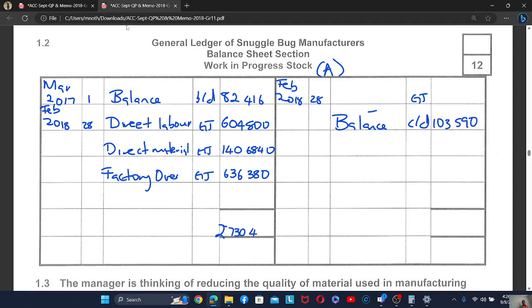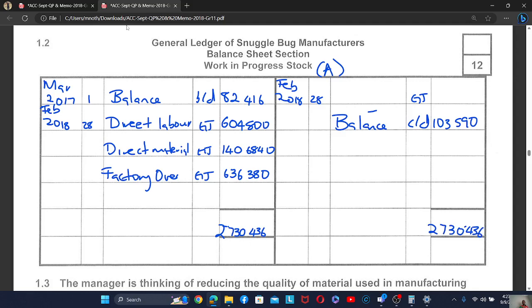So we know that when we are doing the T account or the general ledger, we must equate both sides with the bigger amount. So it's 2,730,436.